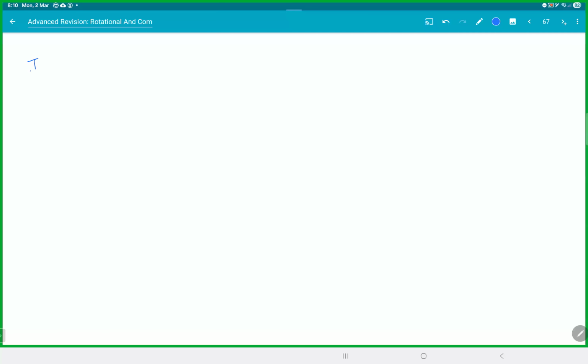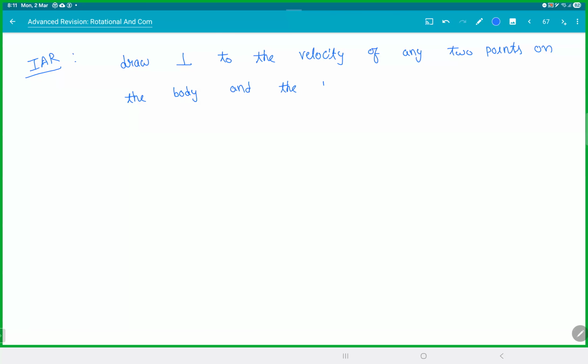Now, you remember the IAR, I told you how to find it. Draw perpendiculars to the velocity of any 2 points on the body, you need to find at least 2 points, and the point of intersection is your IAR.